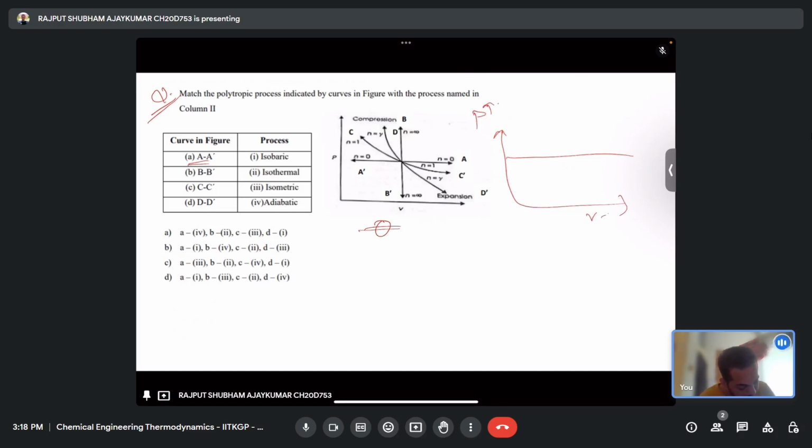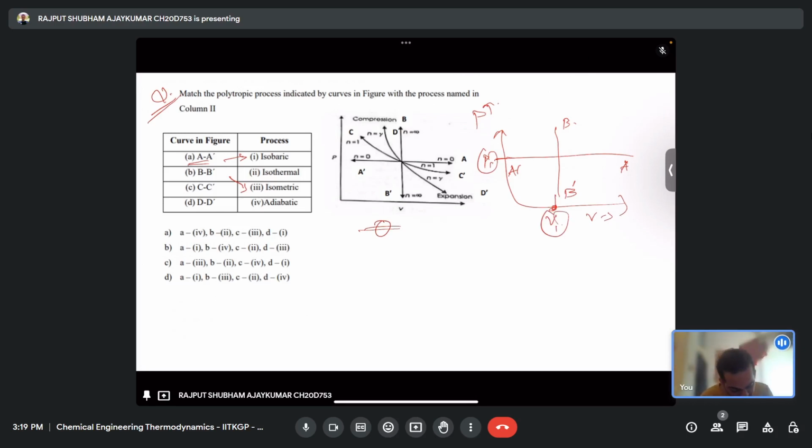A dash is a constant line at a particular point, p1, so the pressure is constant, and we can say it is an isobaric process. Now B dash is at a constant volume, so it is termed isometric, that is constant volume, or isochoric. At a particular point v1, these are constant volume but with variation in pressure.